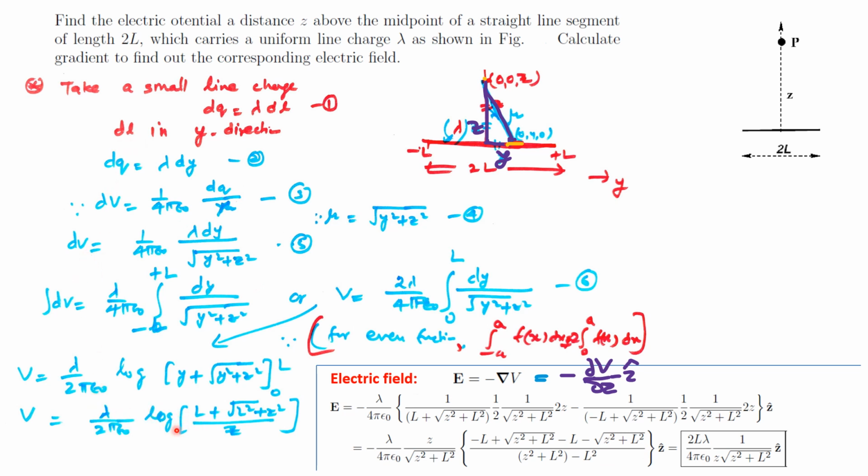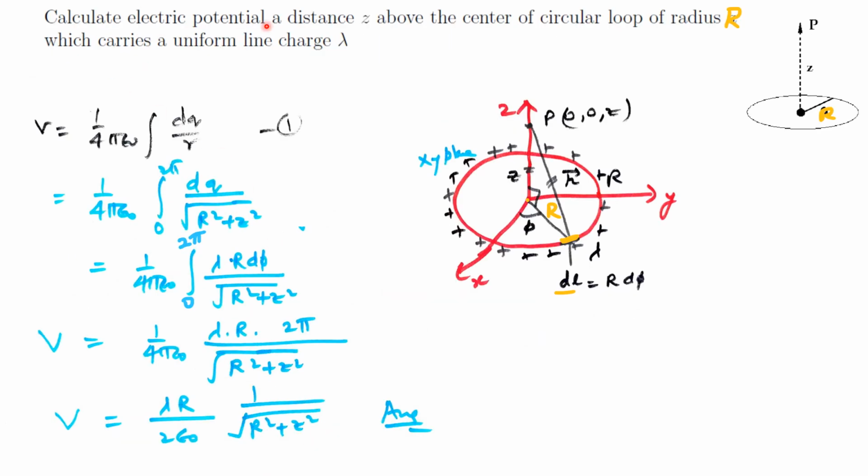We have calculated V here, and then from V we have found the electric field using the negative gradient of this potential. Now another example is for a circular loop of radius capital R. We have to find out the electric potential at point P, which is at z distance from the center.